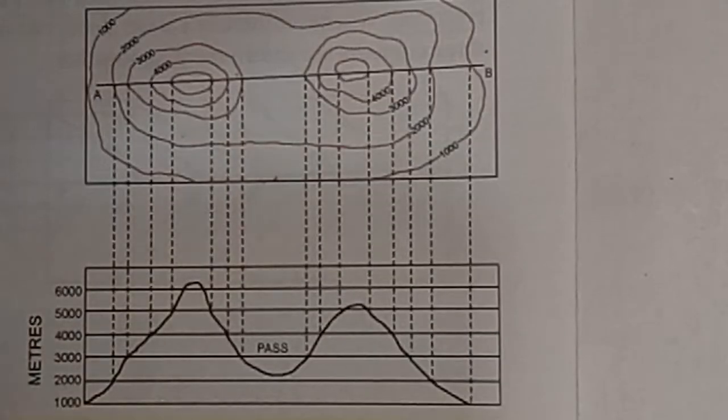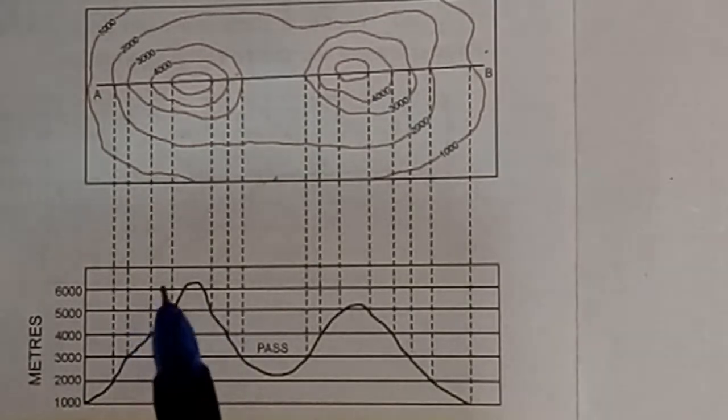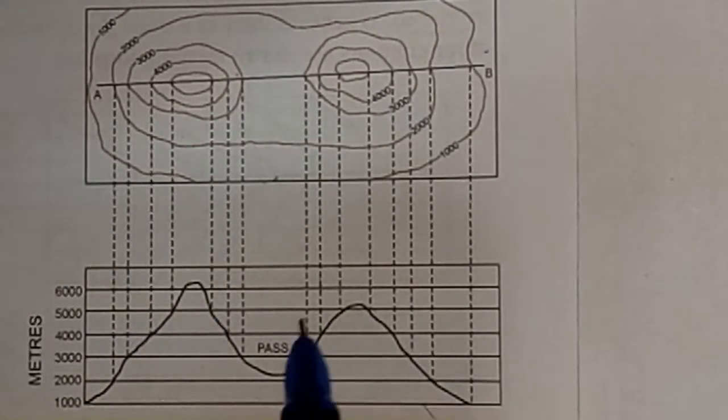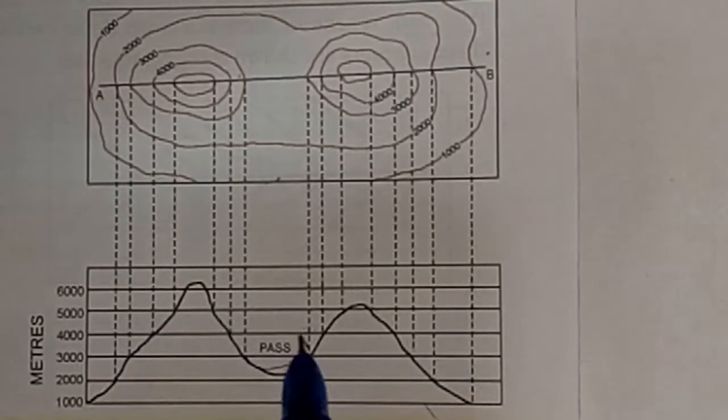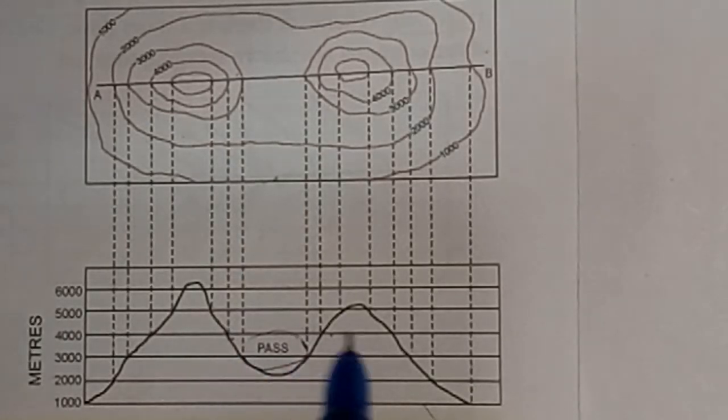Got it? Now children, see this diagram on your screen. That is a pass. You have to observe this diagram. One mountain is there, the next is there, the ridge is there, and between them a pass is there. That means a gap is there.